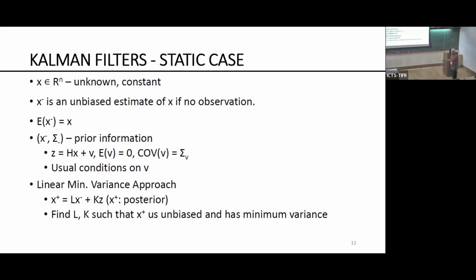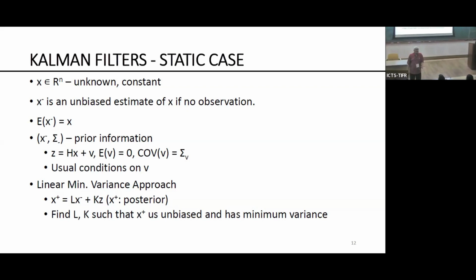I ought to have an x plus that is a linear function of the two pieces of information, x minus and z. Here, in my earlier case, x1, x2 were constants, so I had a and b. Here these are vectors, so I'm going to take a matrix L and a matrix K. Could I have used a constant? Yes, but I'm losing the flexibility.